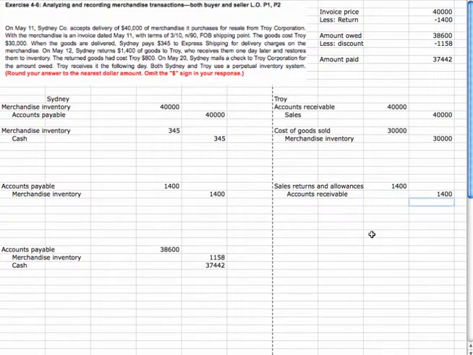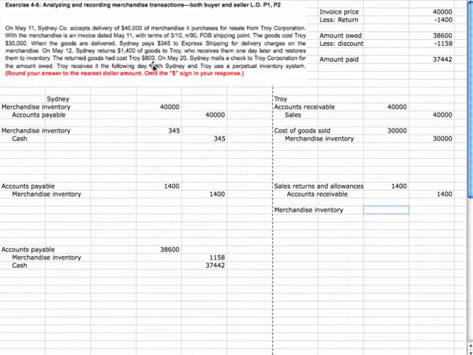Now, you'd think we're almost done, but because we did this journal entry here, where we recognized the expense at the time of the sale, now that the sale doesn't really exist anymore and we receive the inventory back, we're going to have to recognize the merchandise came back. So we're going to increase our merchandise inventory by our cost, and they tell us here that the cost of that inventory was $800.